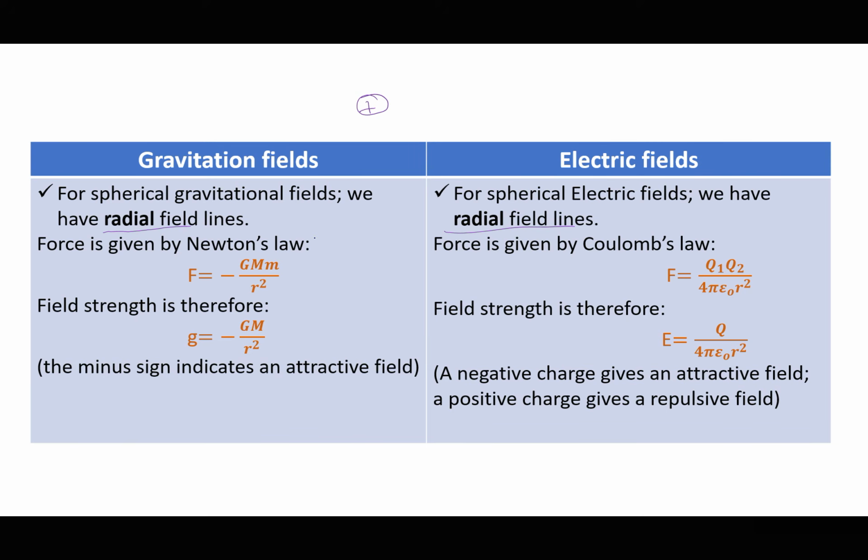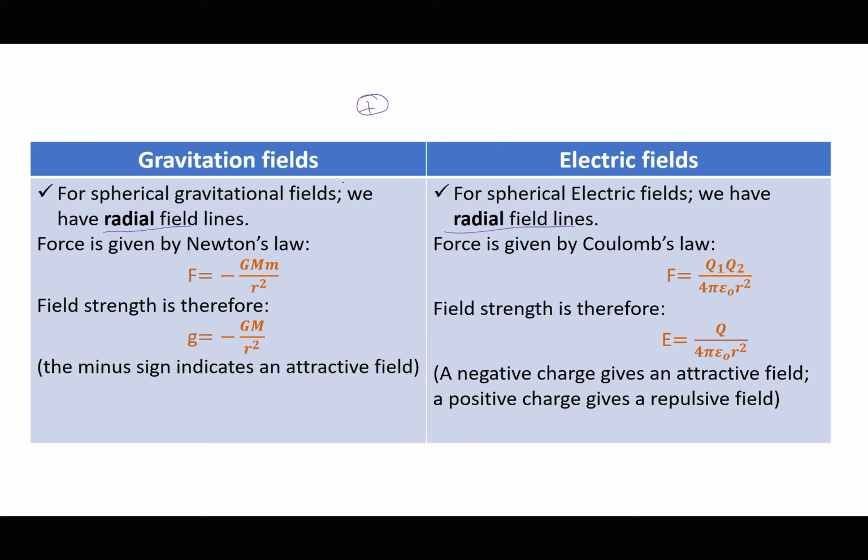Because the gravitational field lines are due to the mass, yet the electric field lines are due to the charge. The field lines due to the charge will be radially outwards, yet the field lines due to the mass would be radially inwards because the gravitational force is always attractive.